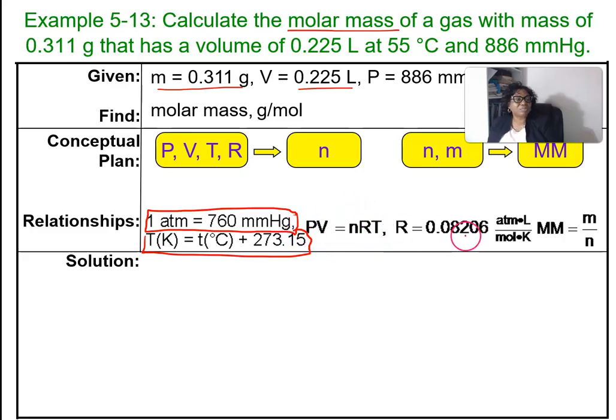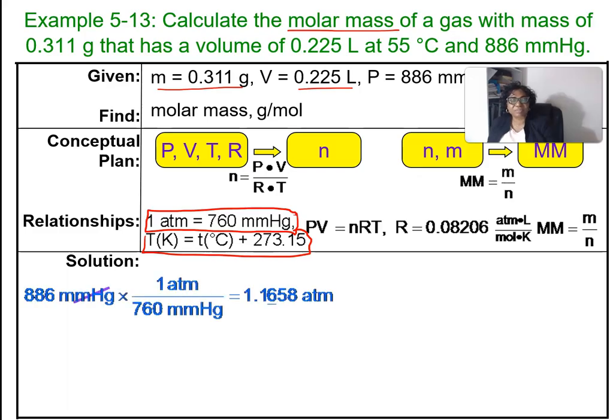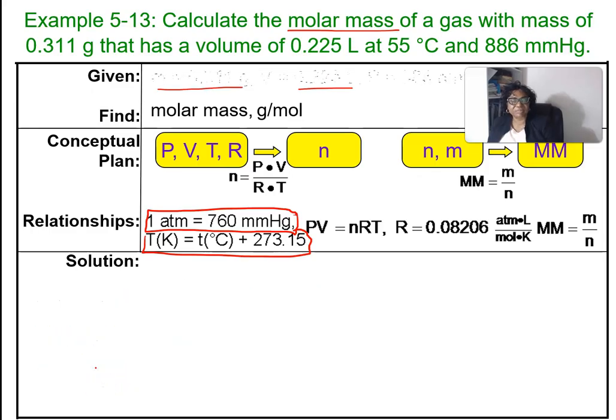This is our equation. But we know that this is our molar mass, m over n. Let's not forget, we have to find n first using this equation, PV equals nRT. We are going to use this to find n. Then we use this to find the molar mass. So convert to atmosphere first, then Kelvin.